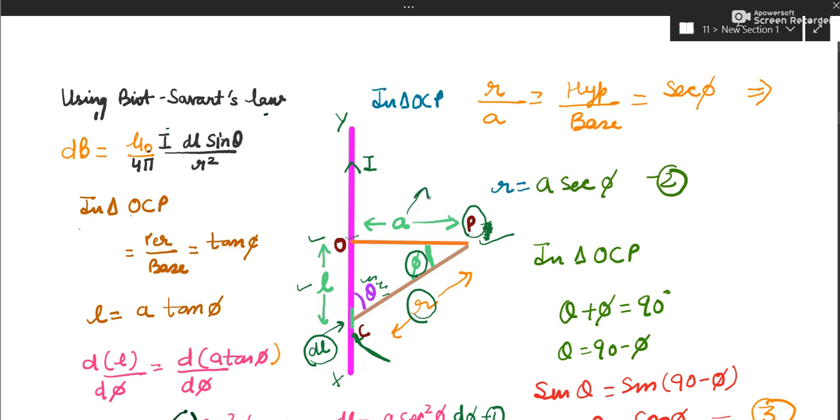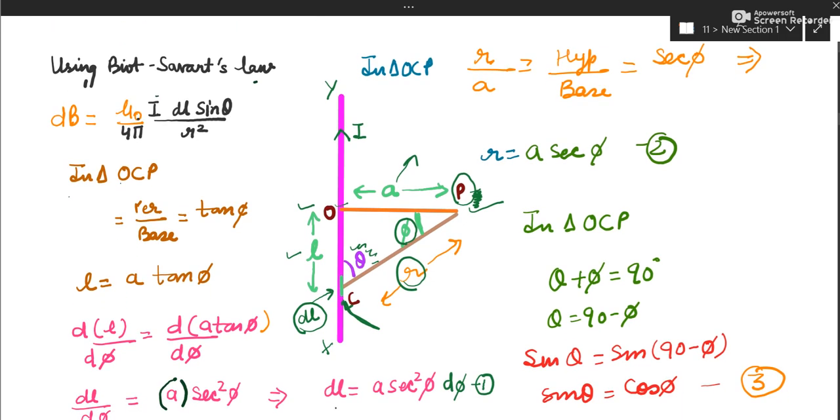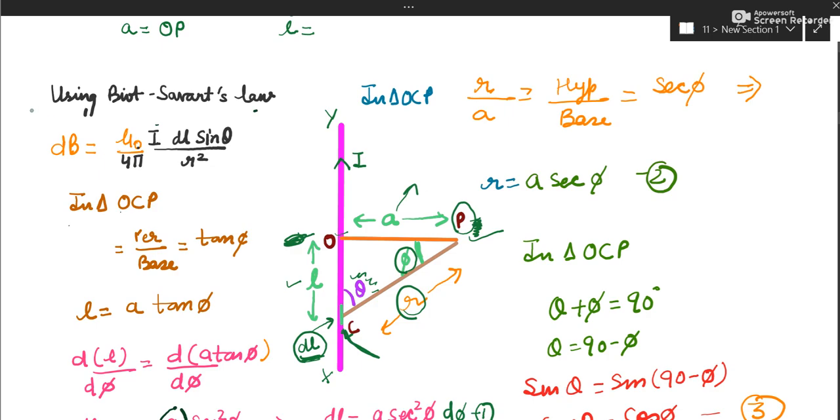So you will note down all the quantities very nicely. Let us look at A. A is the perpendicular distance between O and P, right? L is the distance between the current element and point O. You can see the current element, you can see point O, right? So you should know about all the quantities. Now coming to the topic, because it is an application of Biot-Savart's law, we'll begin like this.